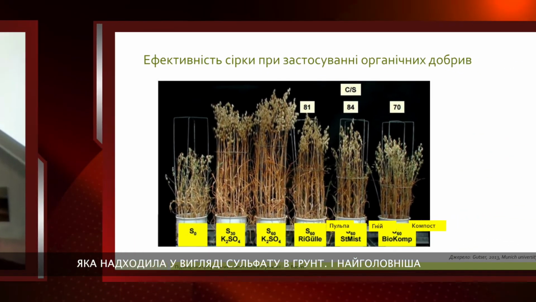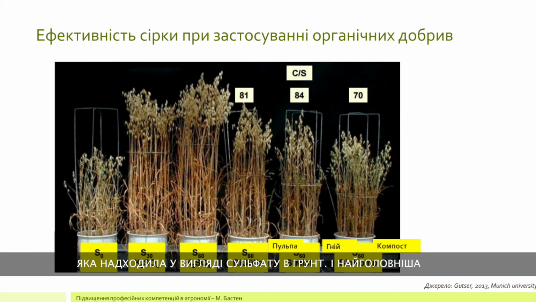Just as an illustration, these pot trials where sulfur has been applied either 30 kilograms or 60 kilograms, in this case in the form of potassium sulfate, or in comparison to that, as slurry, farmyard manure, or compost. So again, 60 kilograms of sulfur. And you can see that even though the amount of sulfur was quite significant, the response to this organic sulfur was somehow limited, not comparable to the sulfur which came as sulfate to the soil.